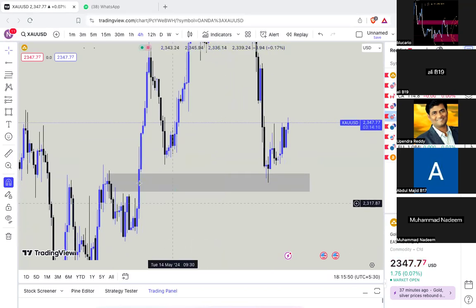As you can see, I have marked an engulfing sell fail zone here. You already know that this zone will be used for buying purpose. So when you mark a H4 zone, you should go to M15 time frame.